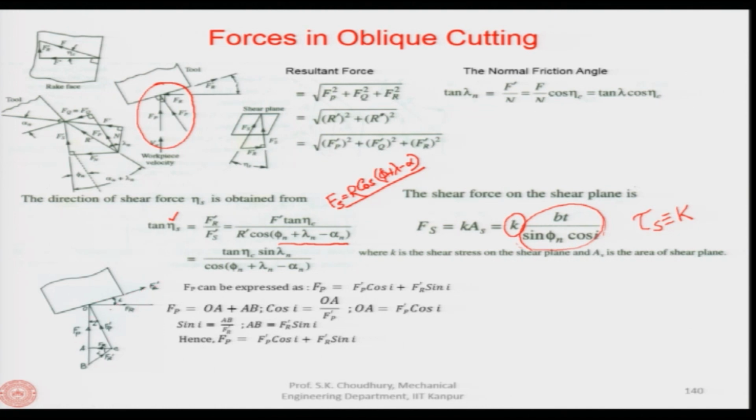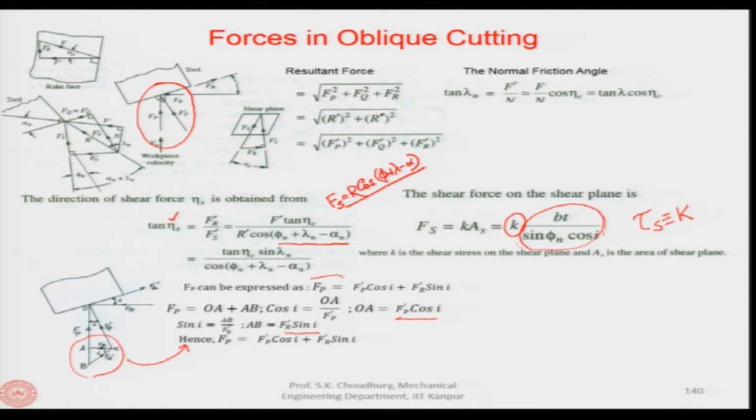Now, if you rearrange that, Fp can be represented as OA plus AB, and the cos of I is equal to OA divided by Fp prime, so OA will be Fp prime into cos I. Now, the sin I is AB by Fr prime from this triangle. Hence, Fp will be equal to Fp prime cos I plus Fr prime sin I.